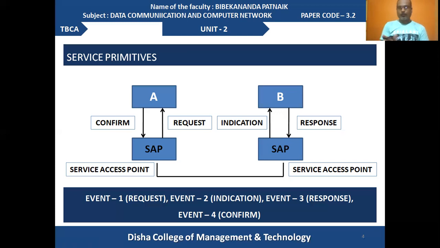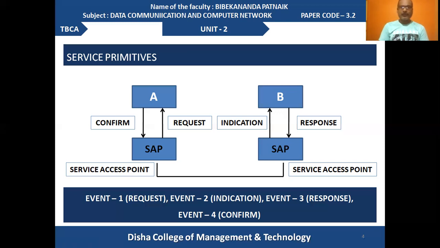Here the service provider is also used, which provides different types of service as well as functions to the subsequent user. So in this diagram, first of all, user A sends the request to user B through the service provider, because as I said earlier, one thing is called the service provider and another thing is called the service user.